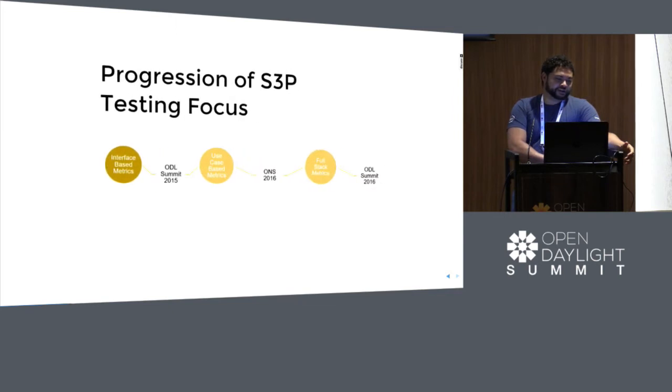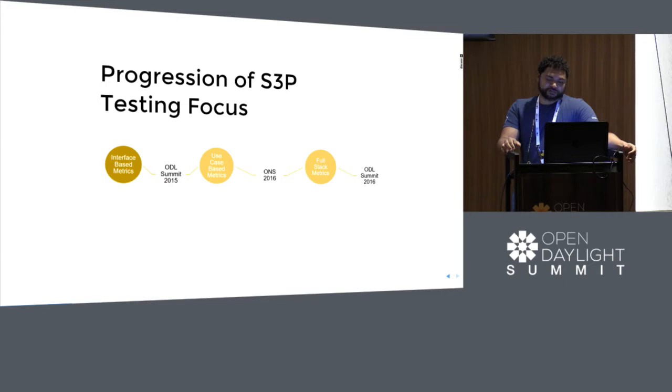So, the progression of S3P testing focus. I've talked previously about S3P at Open Daylight Summit, ONS 2016, and the ODL Developer Forum. Over time, how we talk about this problem has changed inside the Open Daylight community, and how we want to actually create the tests. The first discussions were very interface and component based.